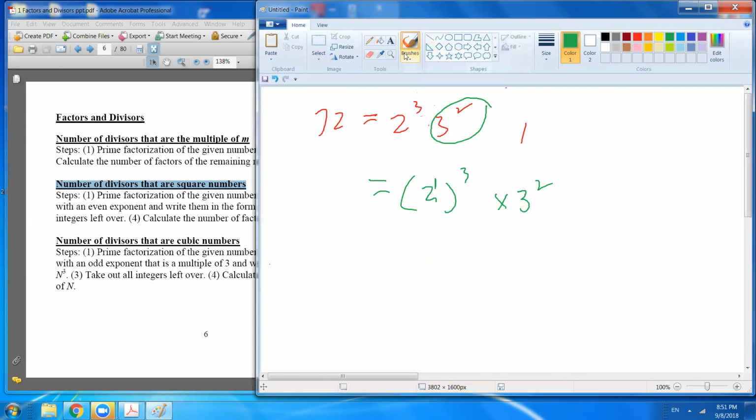How many factors for this one? 2, right? Because this one is 1, so 1 plus 1 will be 2. So the answer is 2, okay?